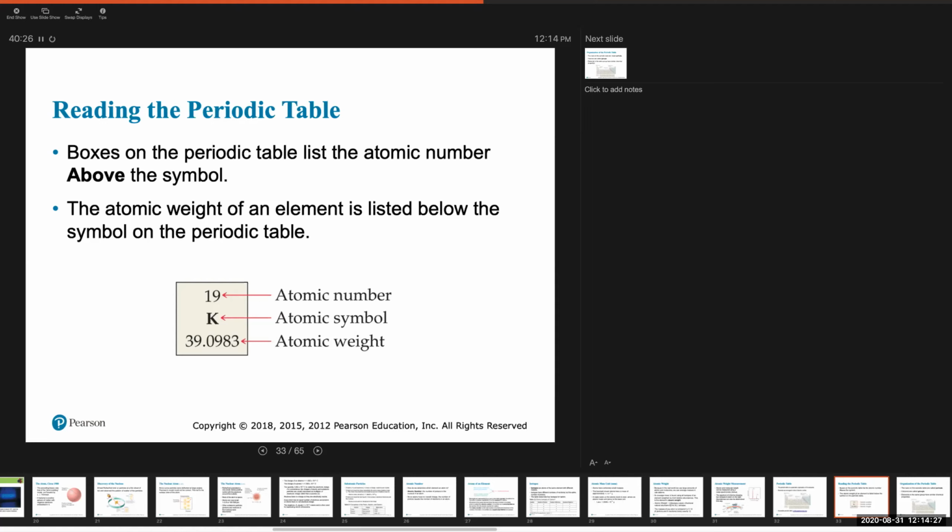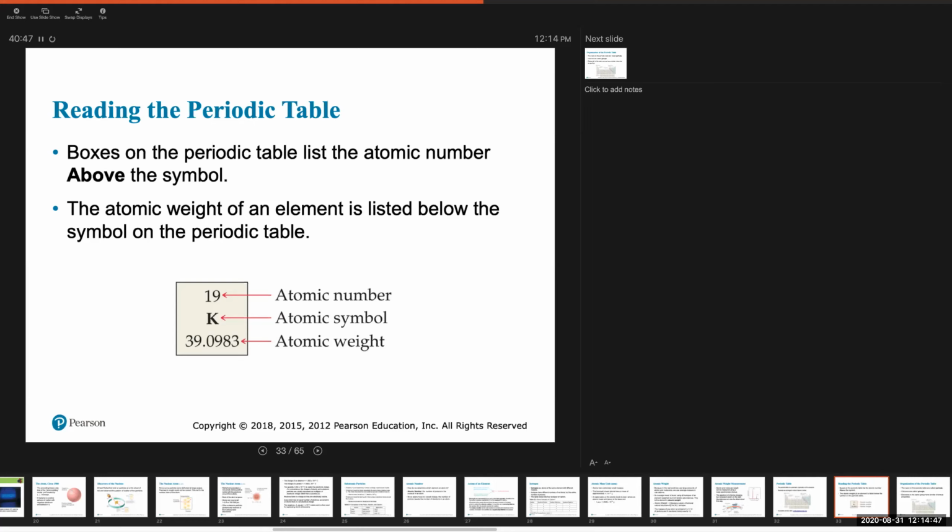So this is a handy way, just as before, that some of the ways of writing things tell quite a bit of information. That 39.0983, you get those other digits there, and let's think back to significant figures and measurements and measurement tools. You get those other figures because it goes back to the isotopes.